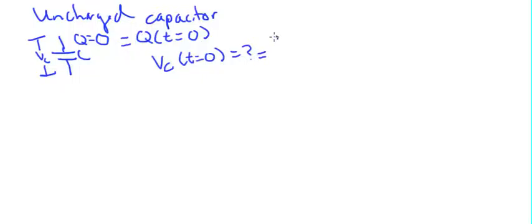So the voltage across the capacitor is the charge on it, Q, over C, at t equal to 0. As we said, this is 0 over C, so 0. So the voltage across a capacitor when it's uncharged is 0.